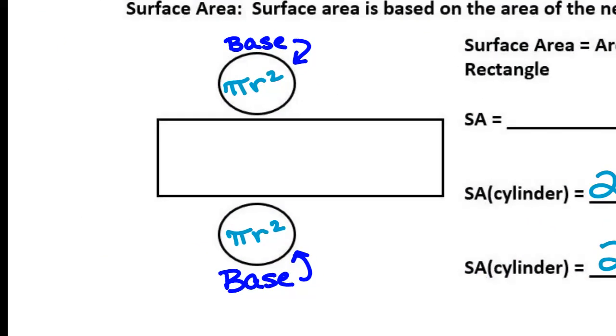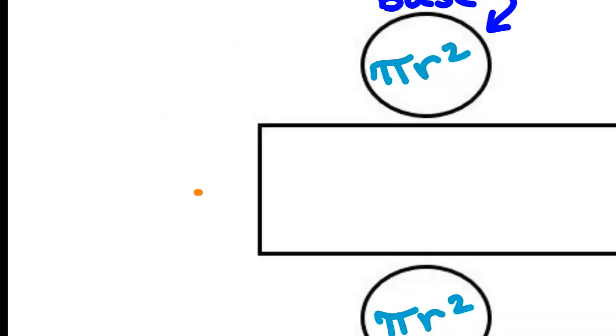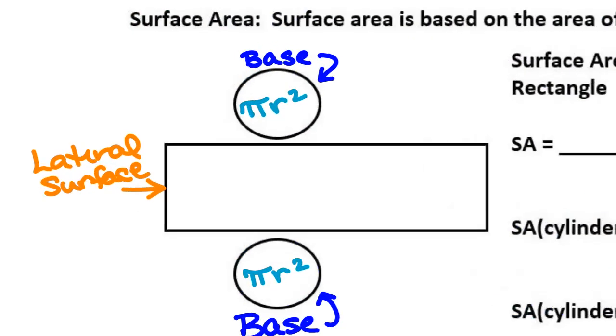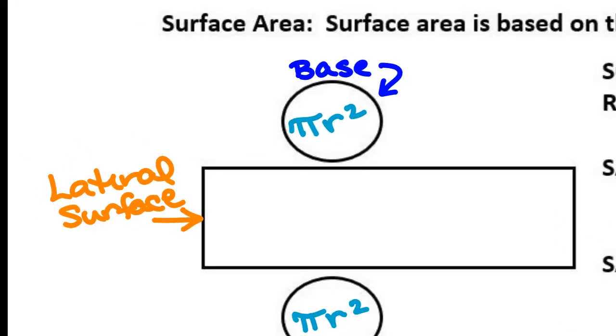And then we have our lateral area. Our lateral surface here that we would need to find the area of. This right here would be the height of the cylinder.